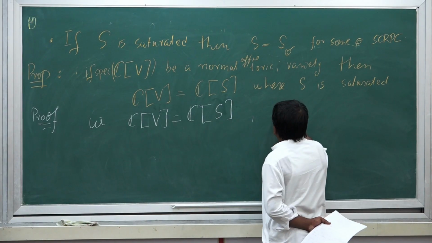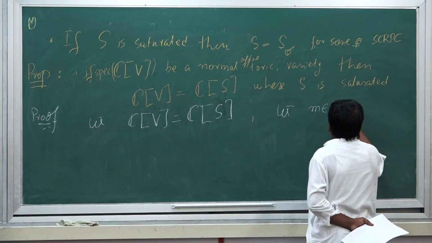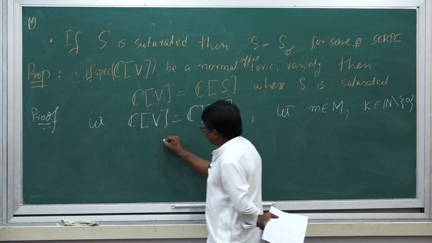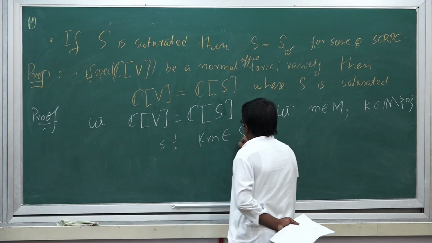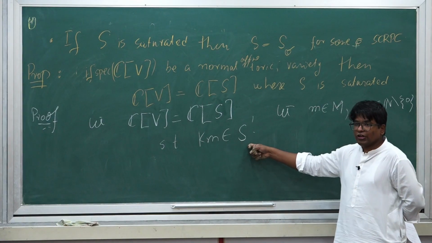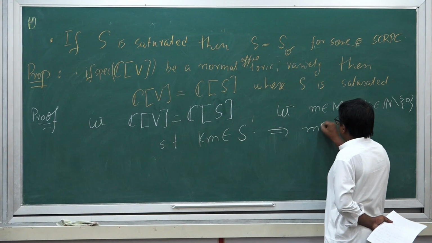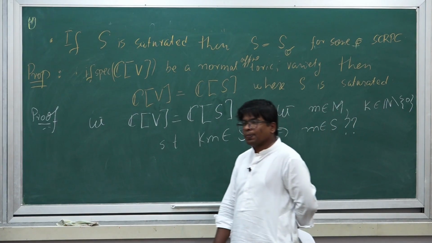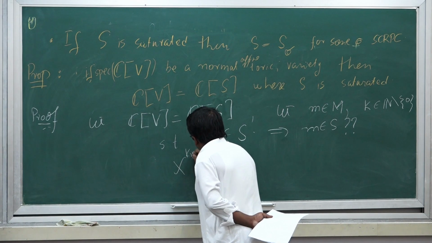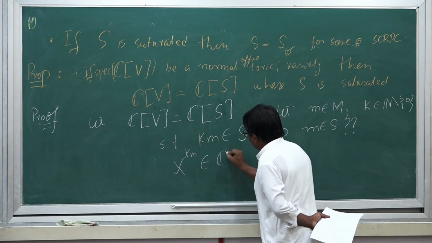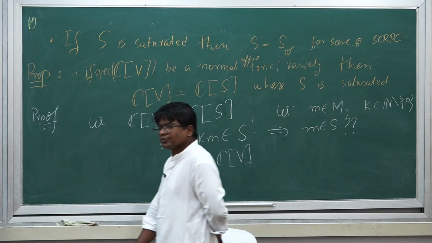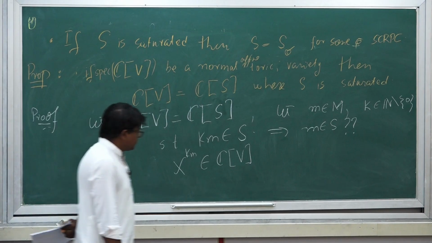So let m belong to M and k be a positive integer such that km belongs to S. We want to prove that if km belongs to this S, then m belongs to S. Now km belonging to S means that this character km belongs to your C of V.